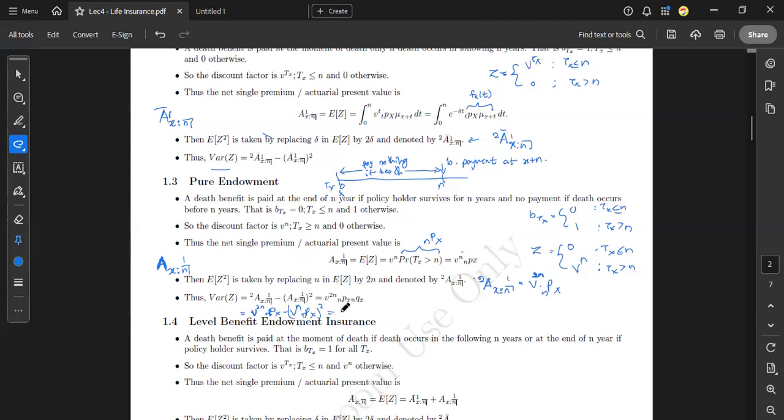So we have a common factor, which is v^2n. And for here, nPx and 1 minus nPx, which gives v^2n nPx nQx. That's how we get that variance.